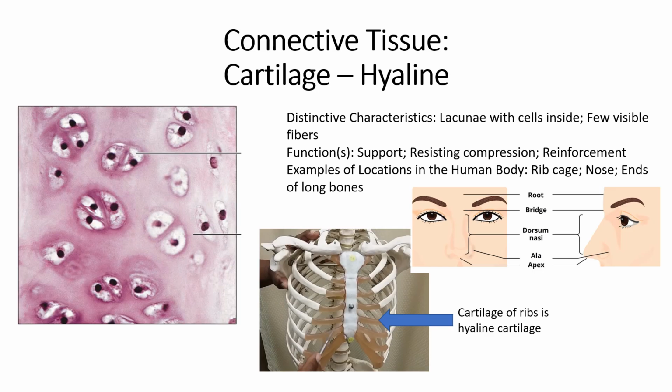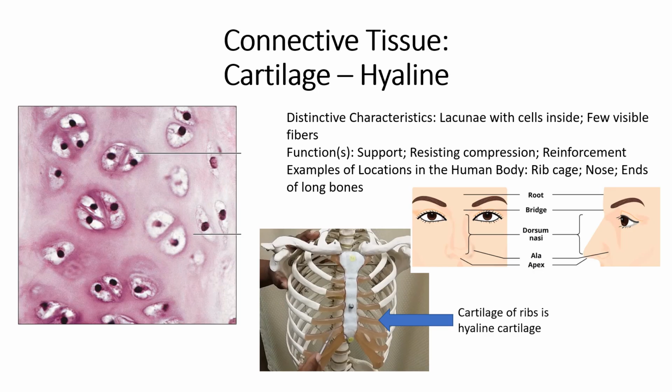These are lacunae. So if you see anything that looks like that, know that you're looking at cartilage. From there, the only thing you need to do is figure out what type of cartilage you are looking at. Are you looking at hyaline cartilage? Or are you looking at the elastic or the fibrocartilage?